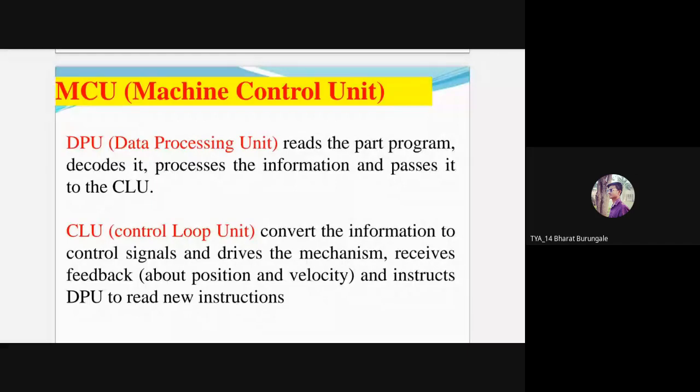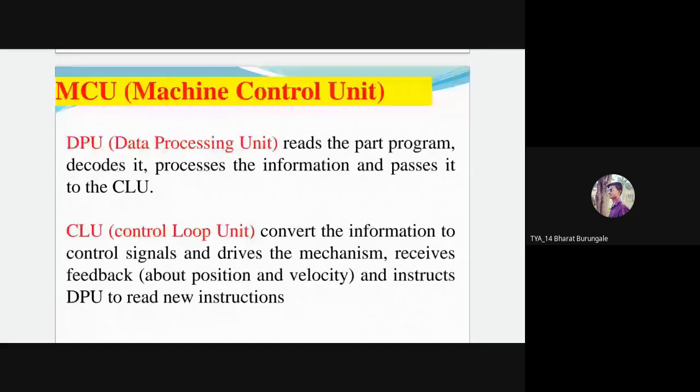The first part's function is to read the part program, decode it, and pass the information to the CLU. CLU is nothing but the control loop unit.